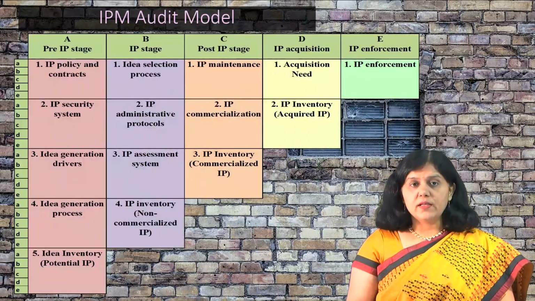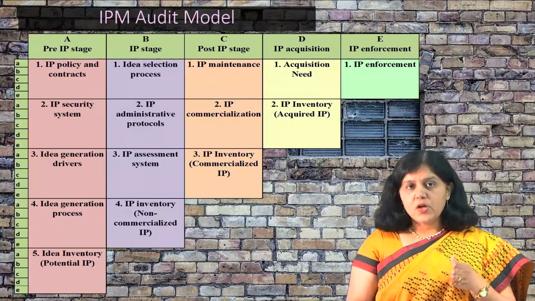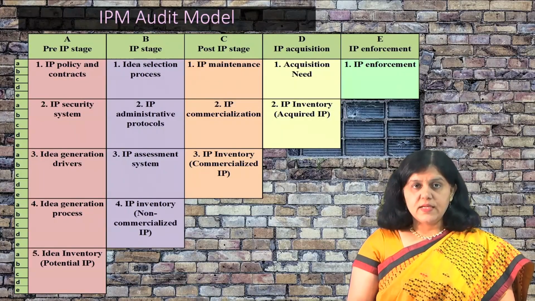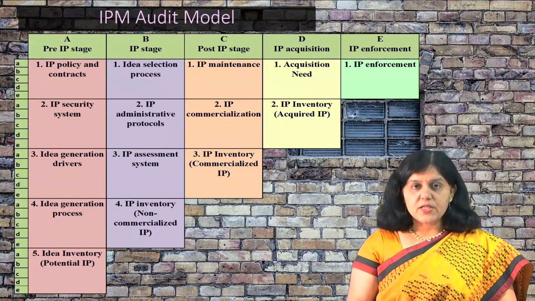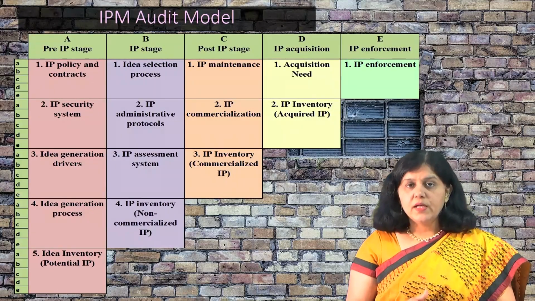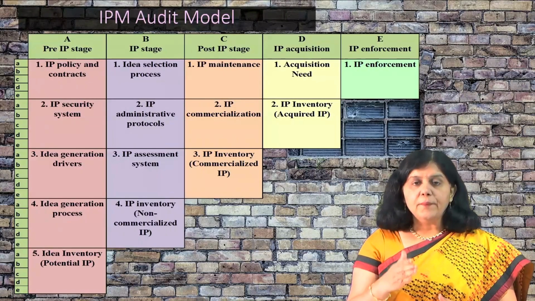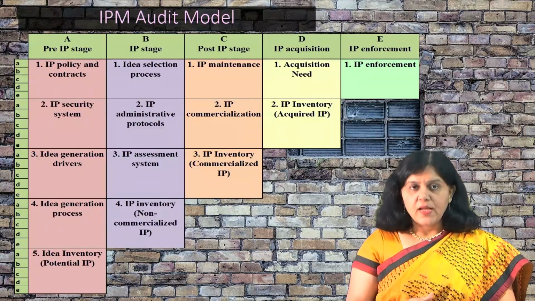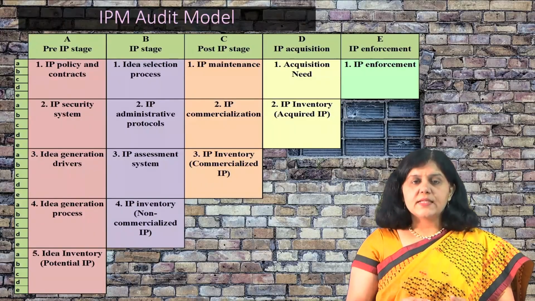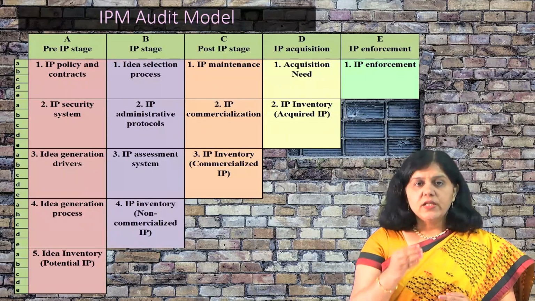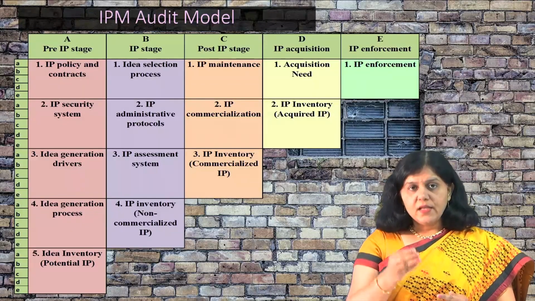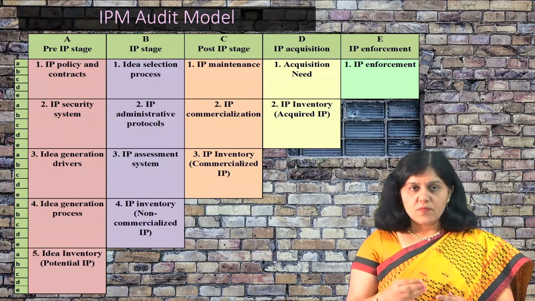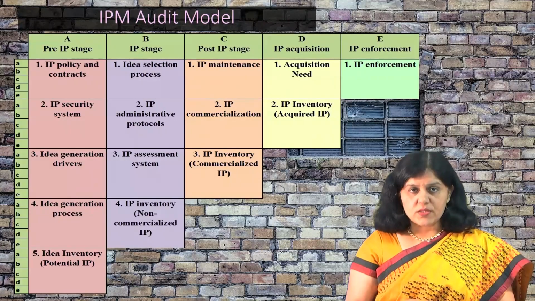If you see this model, there are a total of 15 major processes, and at the upper side the IP stages are mentioned as pre-IP stage, IP stage, post-IP stage, IP acquisition and IP enforcement, as A, B, C, D and E. Within each stage, in the first stage, that is the pre-IP stage, there are 5 major processes.